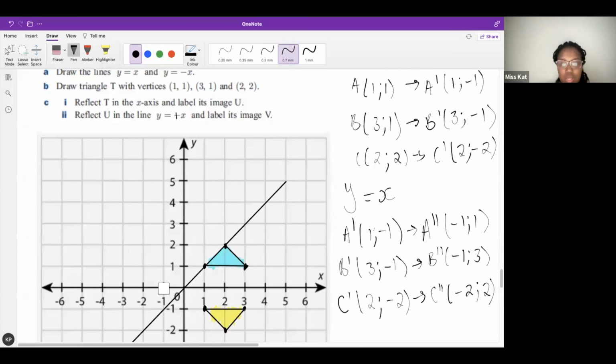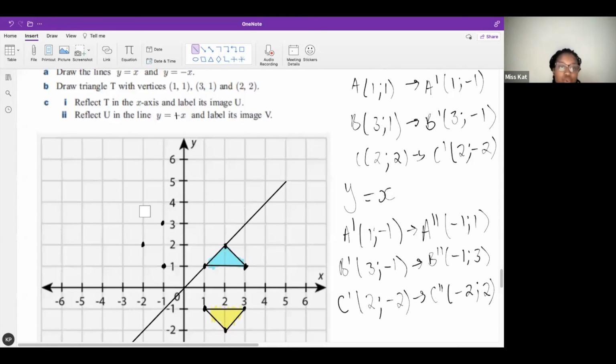So A is -1 and +1. So it's over there. Our B is -1 and 3. So it's over there. Yes. And the last one is -2 and 2. So it's over there. Okay, that's not where I expected it to go, but you know, that's how life works.